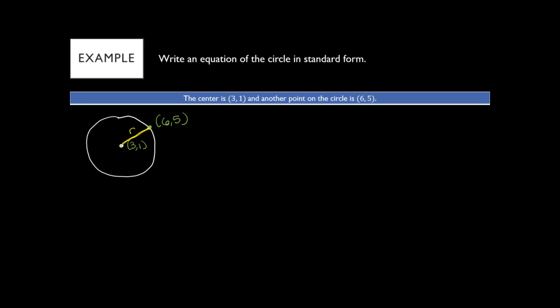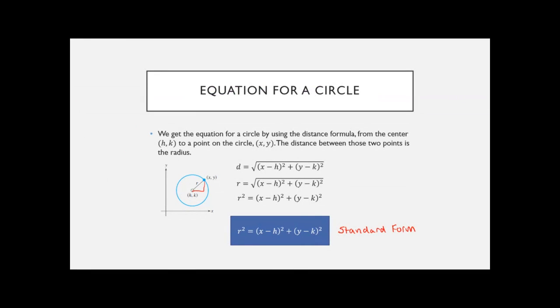And like before, we don't want the radius, we want the radius squared. So we're not going to have to take the square root, because I'm going to go back and basically use something very similar to this right here, but instead of h and k, I'm going to use that second point.